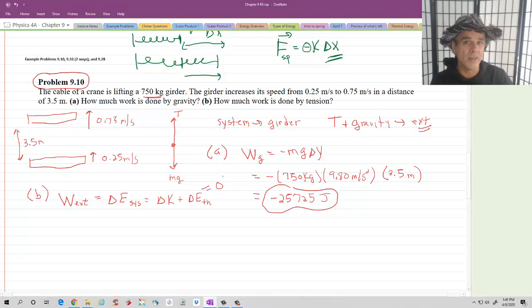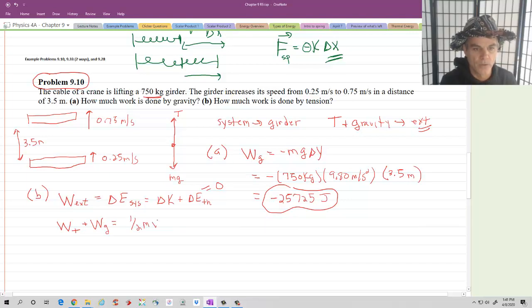And the work done is the work done by all external forces, which in this case is the work done by tension and the work done by gravity. So the work done by external forces is the work done by tension plus the work done by gravity, which we've already calculated, and that equals the change in kinetic energy. So 1/2 m v_f squared minus 1/2 m v initial squared.